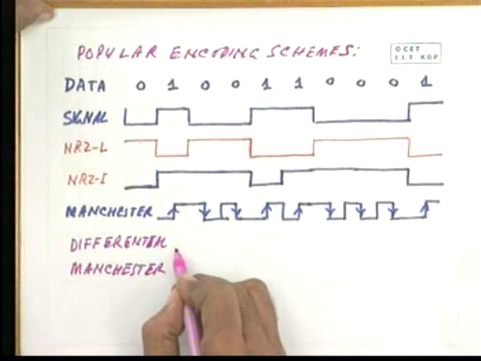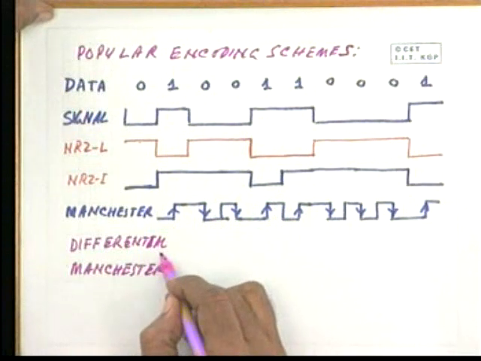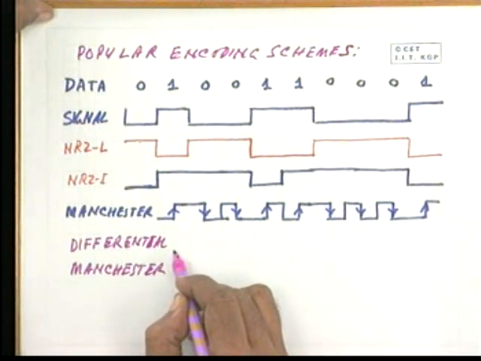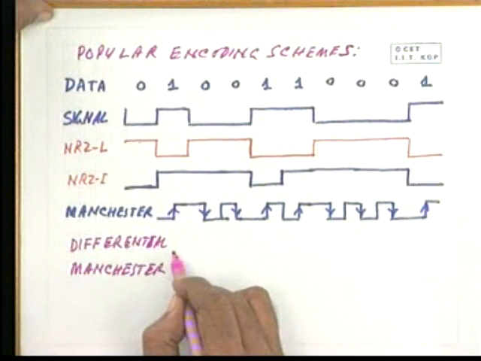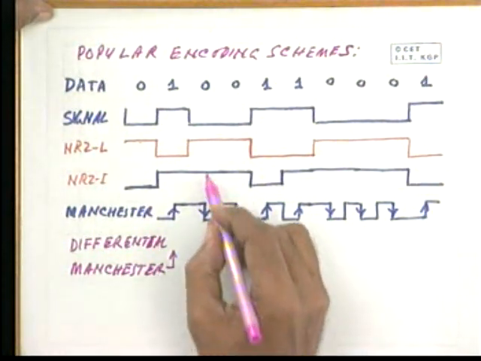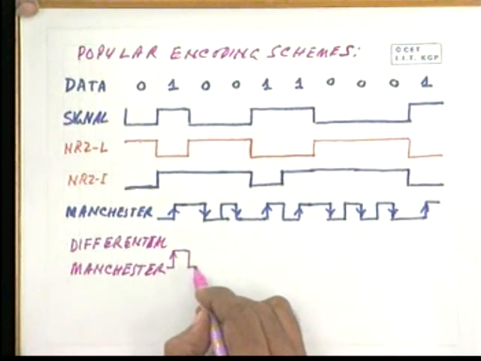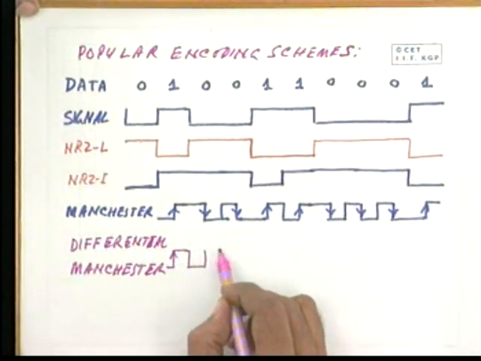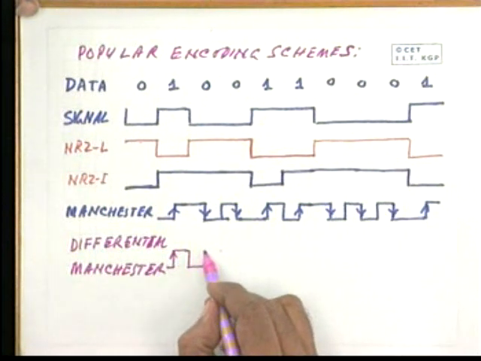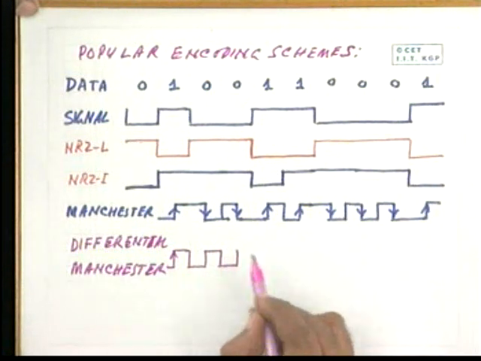So it will look like this. Say for this particular case, since this is a 1, there is no transition in the beginning, but there is a transition in the middle, let's assume the transition is taking place here. For this 0 there will be transition in the beginning, so it will go here, and then there will be transition here, and this is another 0, so there will be transition in the beginning and another transition here.